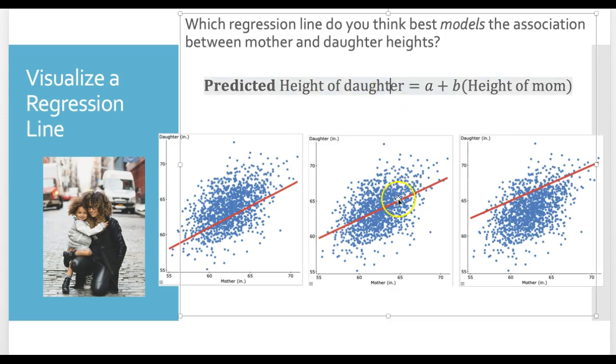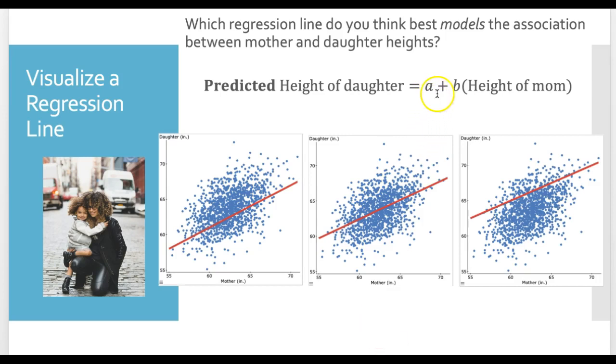So A is the y-intercept and B is the slope. So pretty much what we're trying to do here is guess what A and B are. Okay, so look at these here. Which one do you think would be the best?